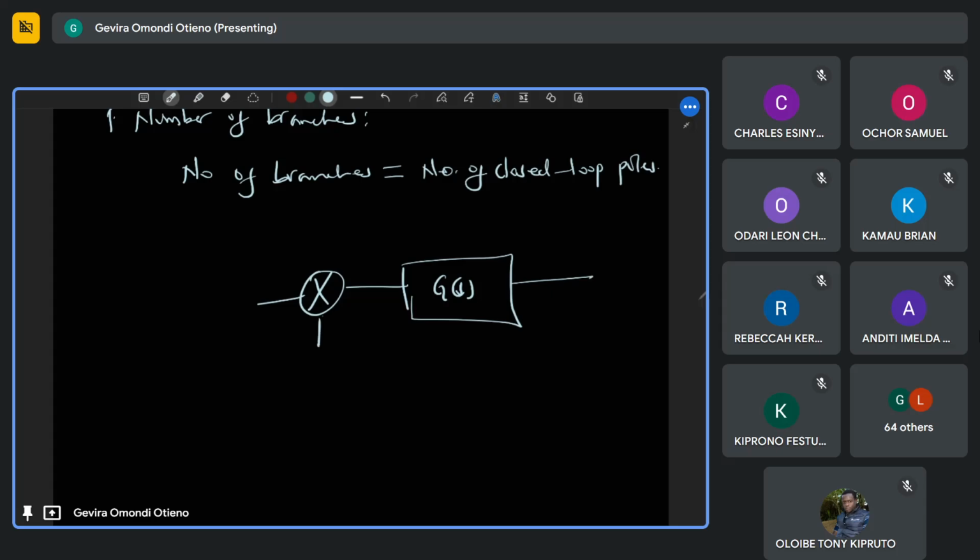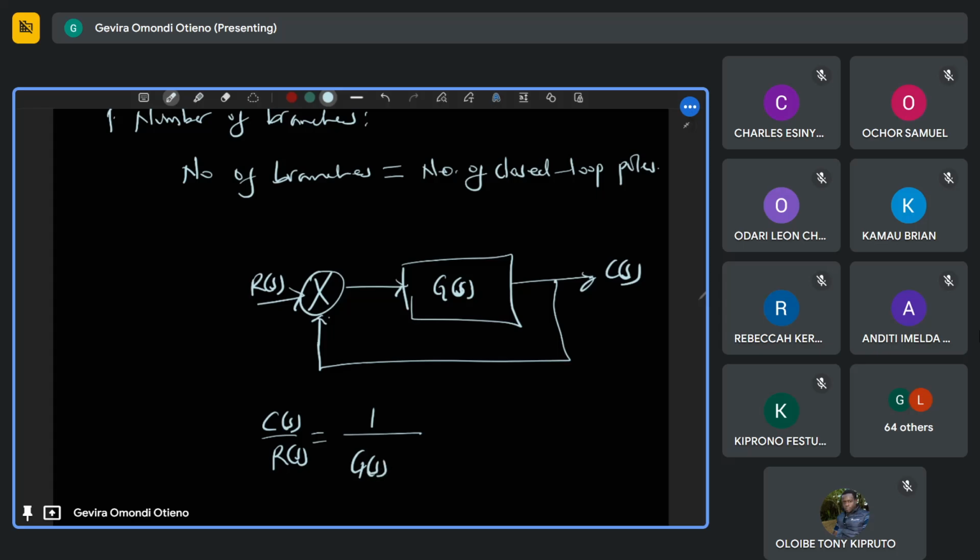Maybe we are using a unity feedback system like that. So this is G of S. So C of S over R of S is given by 1 over G of S, H of S. Okay? Here K is 1 maybe.